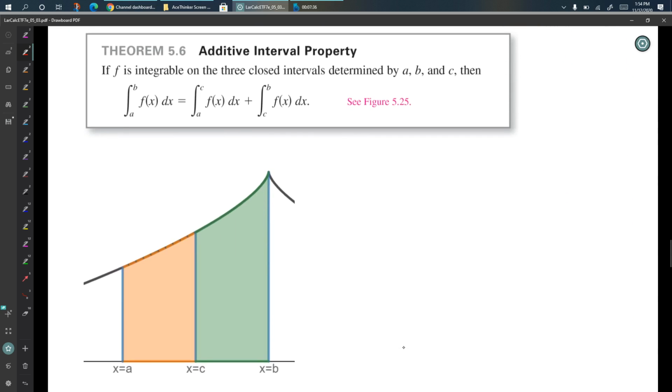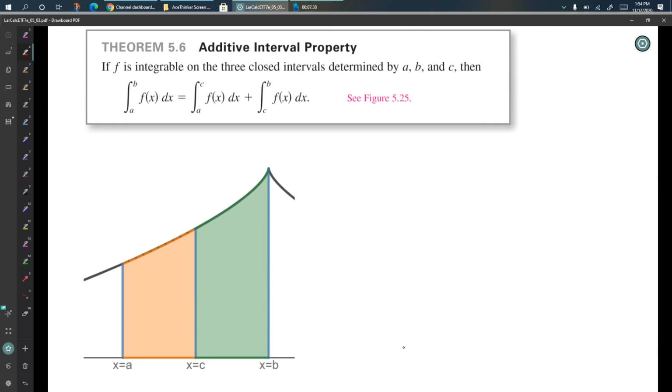Okay, the additive interval property. If f is integrable on the intervals formed by a, b, and c, then the integral from a to b is a to c plus c to b.